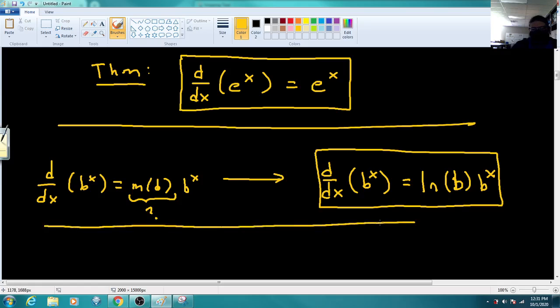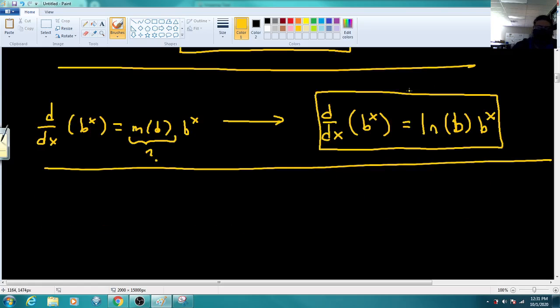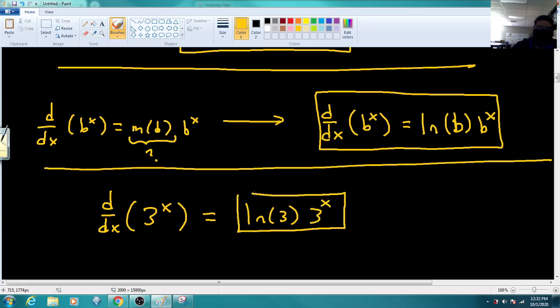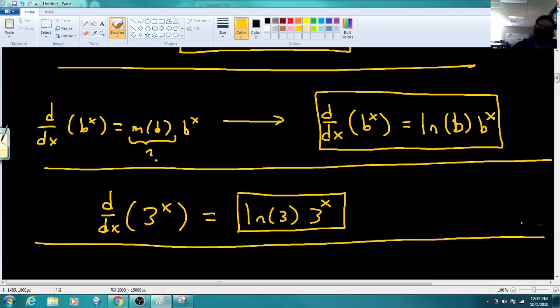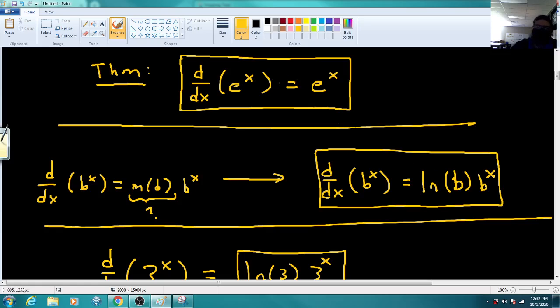For instance, the derivative of 3 to the x would equal natural log of 3 times 3 to the x. So that's how you use it. These are two theorems: the derivative of e and the derivative of exponential functions.